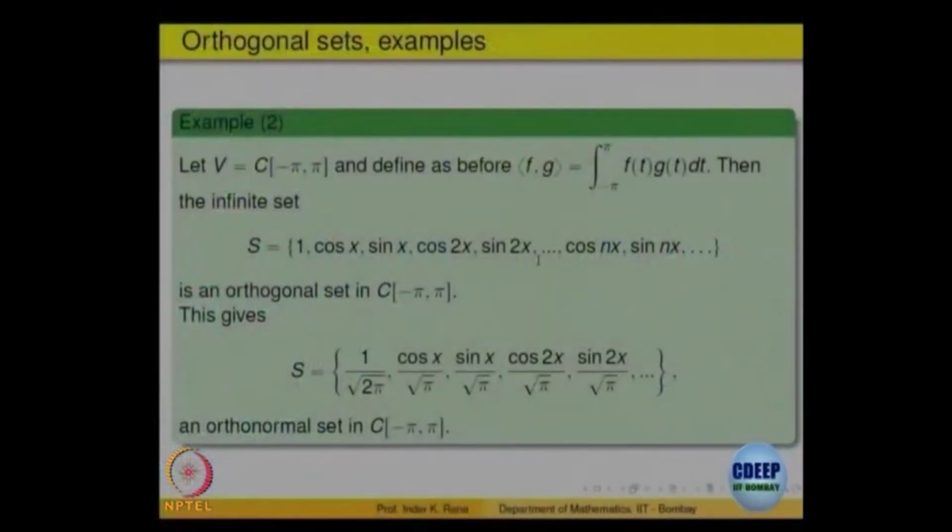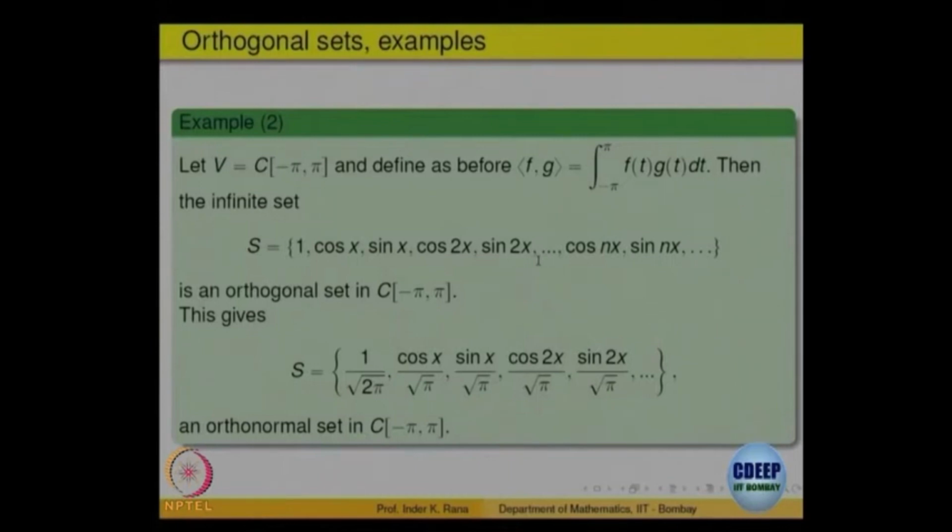So, this is an orthogonal set, and I can make it orthonormal. How? By dividing by the norm of each one of them, and the integral for each one of them comes out to be equal to pi. So, this gives you an orthonormal set in C[-pi, pi], just checking, nothing more than that.